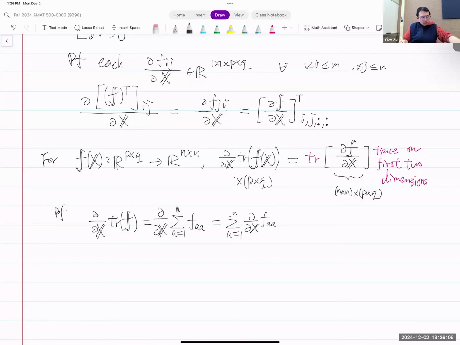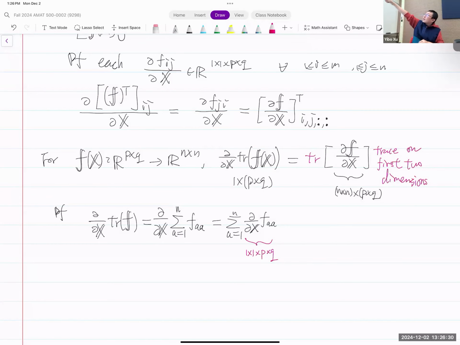Now just notice, this thing is exactly a slice on the four-dimensional tensor, picked by choosing my first index and second index to both be a at the same time.